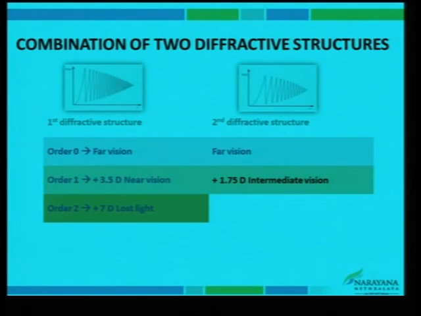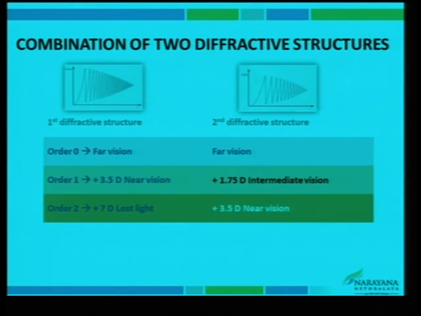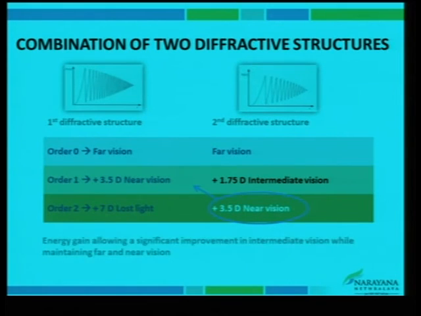The 1.75 or the 1.66 contributes to the intermediate vision, and the multiple of that is used to contribute to the near vision. And this recruitment of the second order diffractive structure for near vision is what improves the photic phenomenon in these eyes, and also gives better near vision.